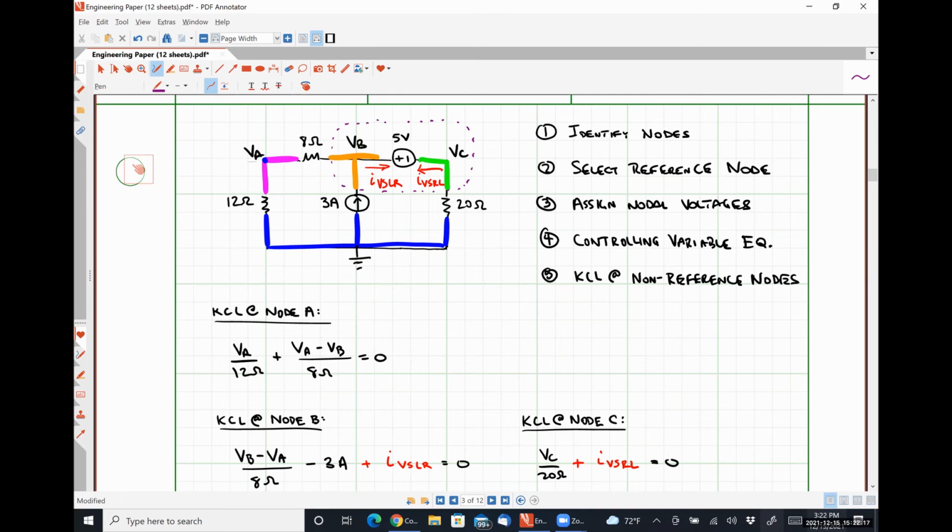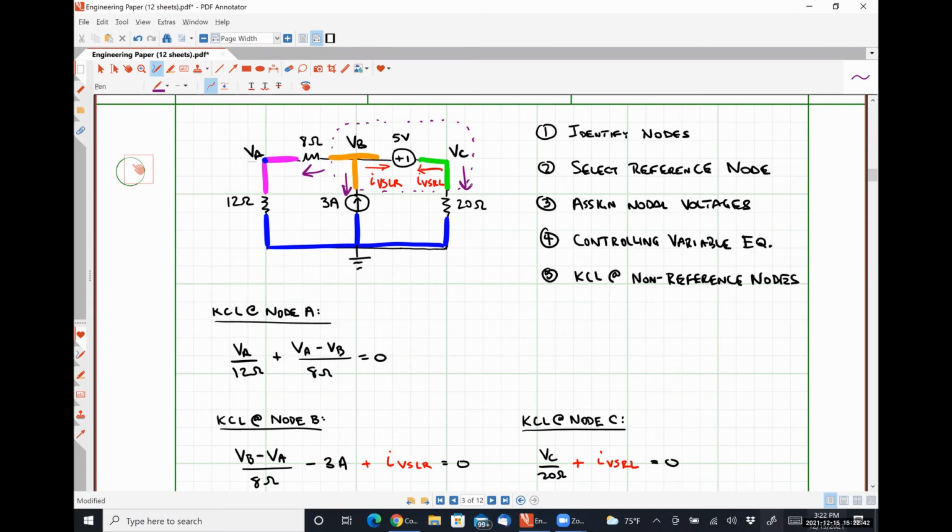So effectively, I can avoid writing a current that flows through my voltage source because they're just going to cancel each other out when they go in both directions, okay?